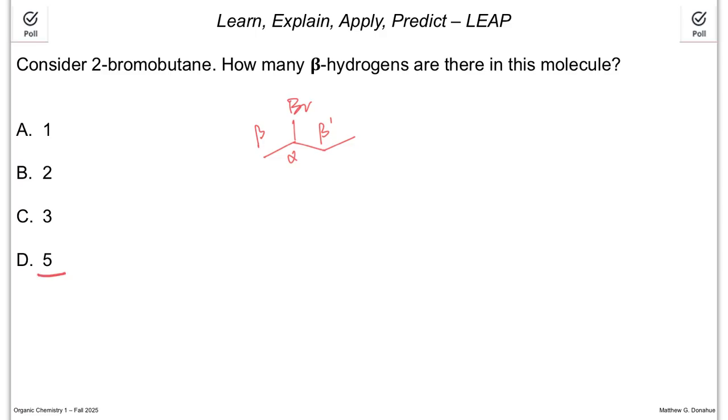So there's going to be 5. We have 3 and then 2. So it's important to know how to do that, because ultimately when we look at the different bases, those bases will have a size, and we want to think about the size of the base and how it can access any of those types of hydrogens.